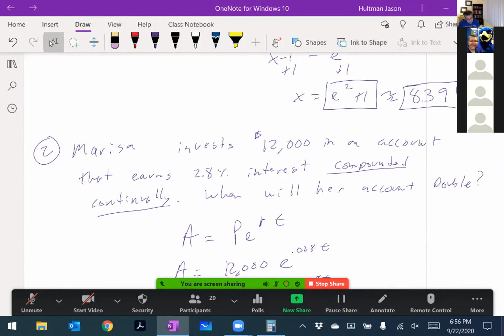It's 2.3, derivatives of natural logs. Let's keep going here.